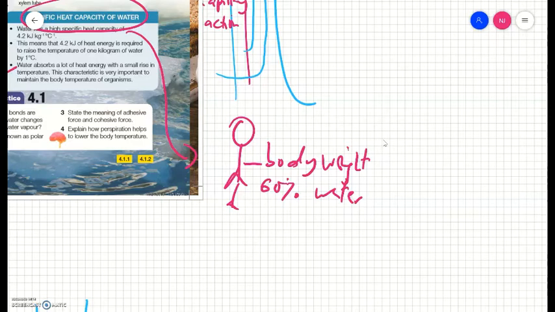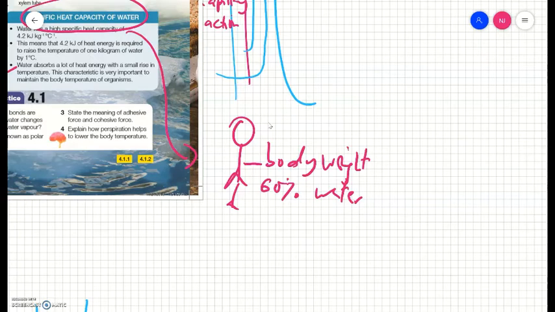Let's say our surrounding is 40 degrees Celsius, our body temperature is not equal to 40 degrees Celsius. It's because water has a high specific heat capacity, so the water in our body absorbs a lot of heat energy, but there is only a small rise in temperature. Bolehkah faham? Kalau tidak faham boleh tanya nanti.